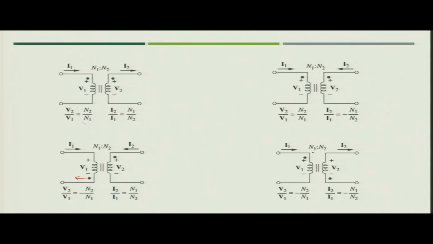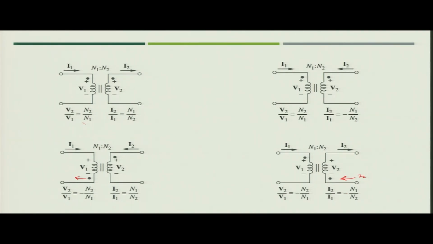In case of current, I1 is going inside the dotted terminal, and at the same time I2 is also going inside the dotted terminal, because if you trace the path of the current, I2 will go inside the dotted terminal from here and come out from the upper side. So, in that case you will write I2 by I1 equal to minus N1 by N2.